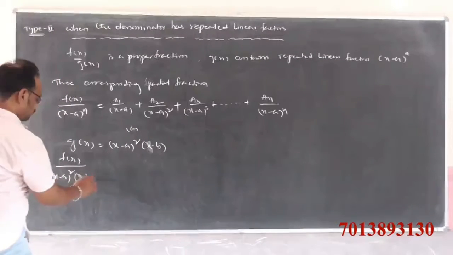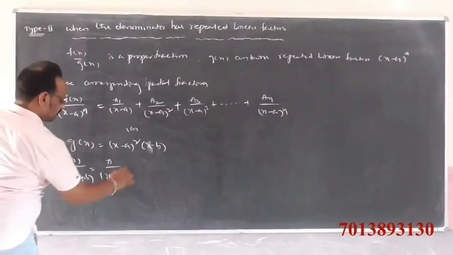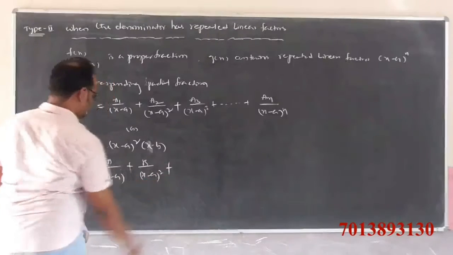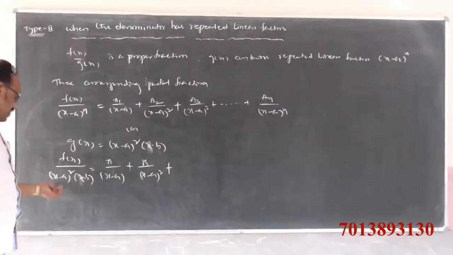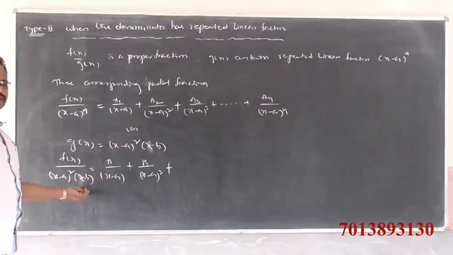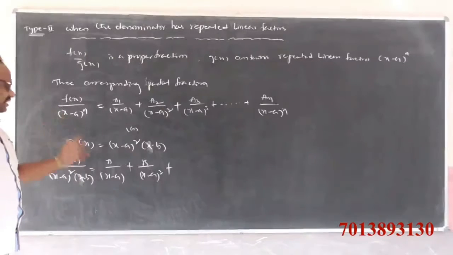This can be taken as a by x minus a plus b by x minus a whole square plus. This contains repeated linear factors and also non-repeated linear factors. So in this type we use the first and the second method also.